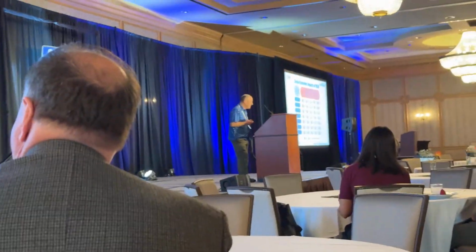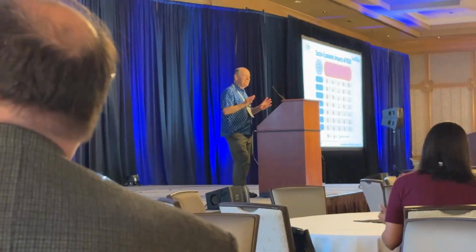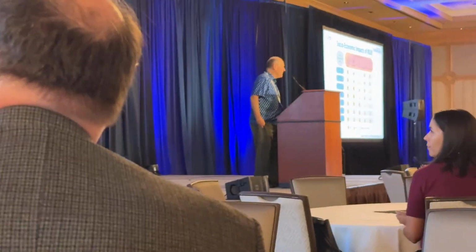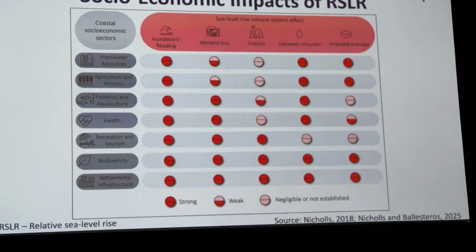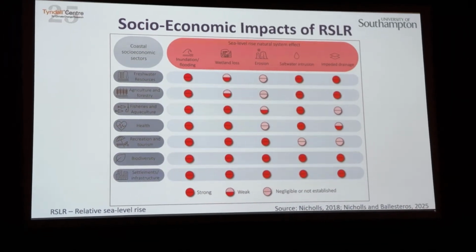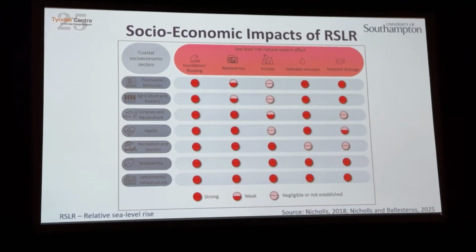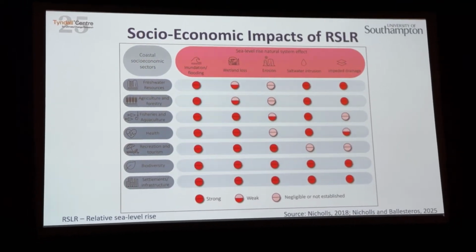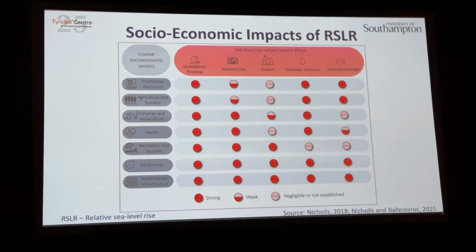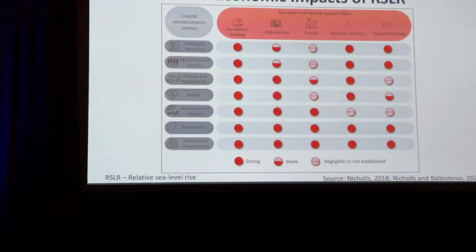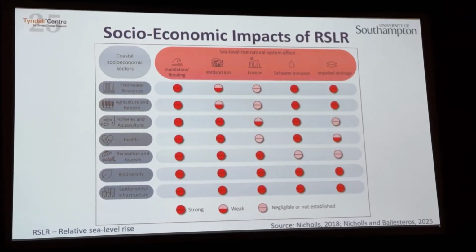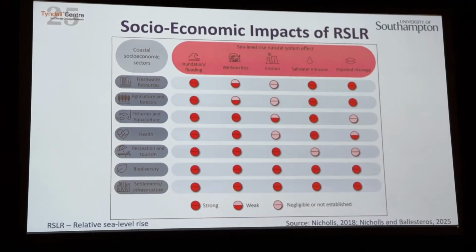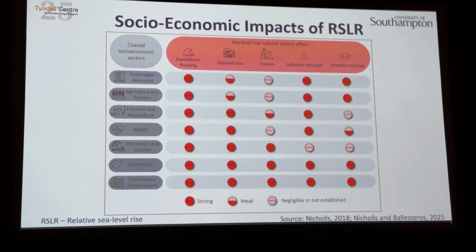Looking at what this means to society, this is the kind of information, trying to understand different sectors and how they're affected by the effects of sea level rise. It's pretty dramatic across the piece, as I think you'd expect. And it was interesting, we spent a lot of time back in the IPCC being pushed by various reviewers, asked where are the positives of sea level rise?